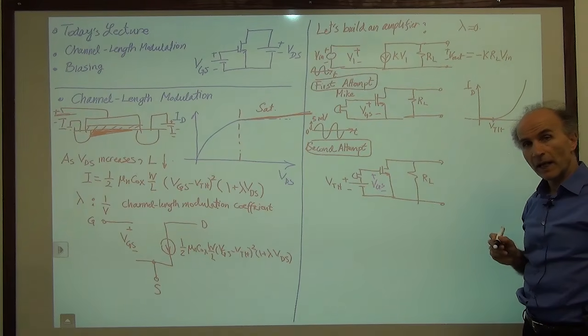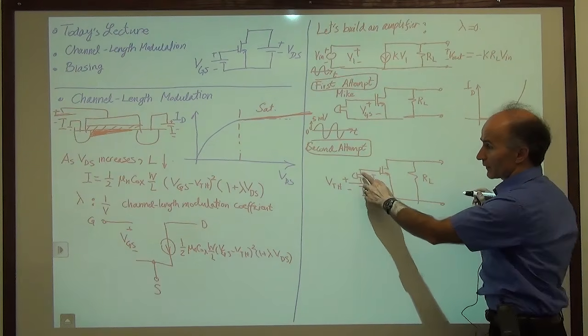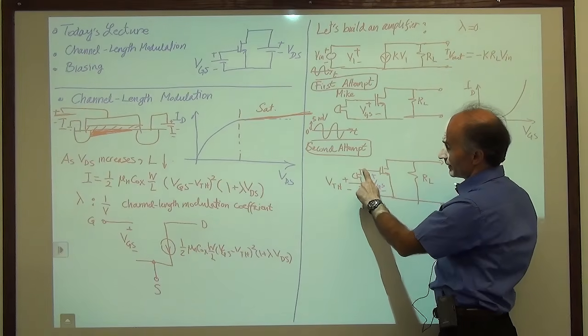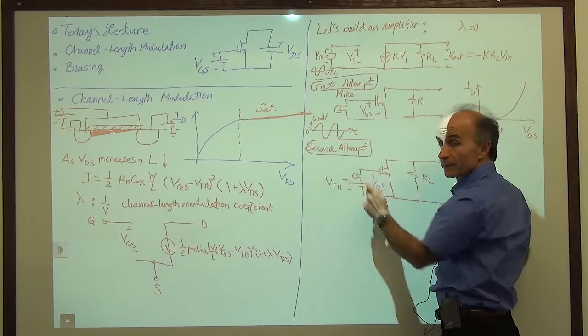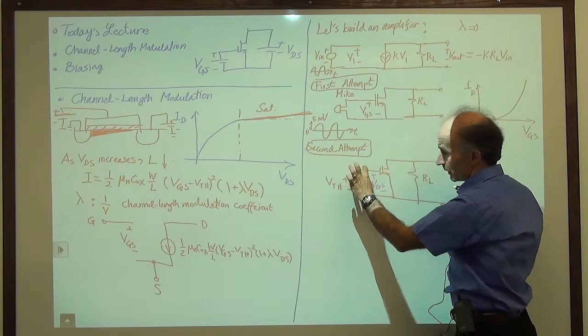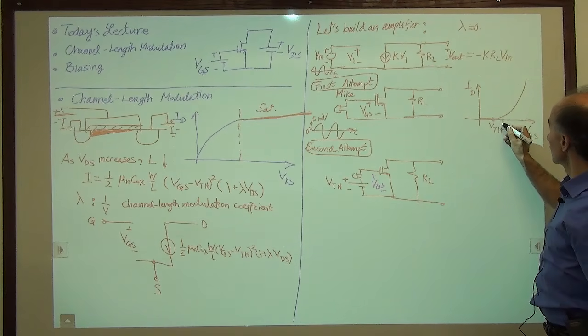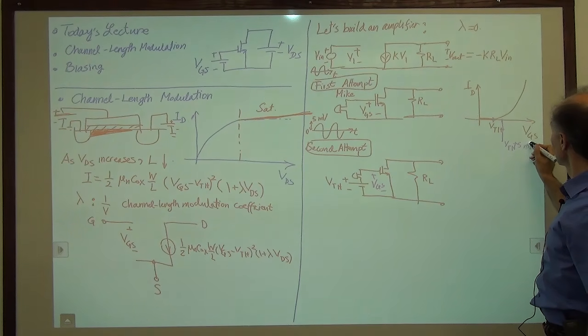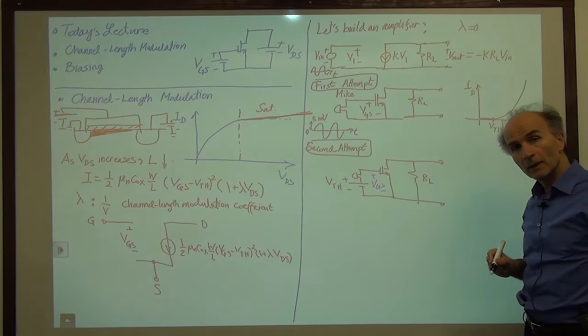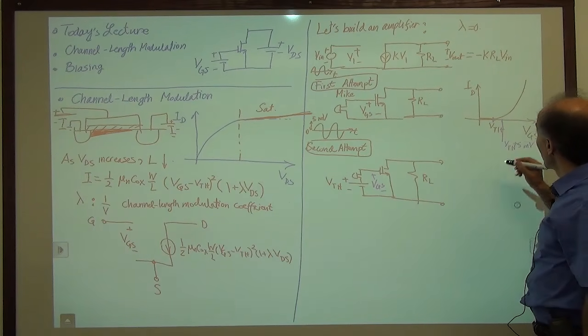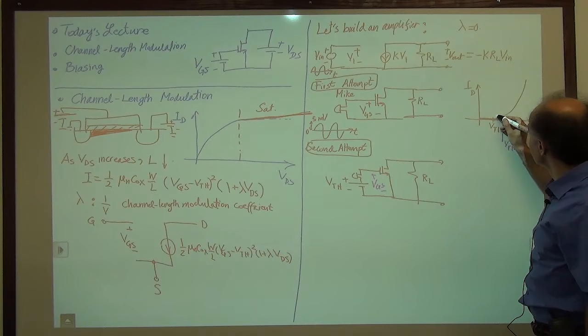Okay? Now, the microphone signal comes in and raises this voltage by 5 millivolts. So we have this much plus 5 millivolts, right? So we go over here. So this is VTH plus 5 millivolts. Okay. And we get some current.